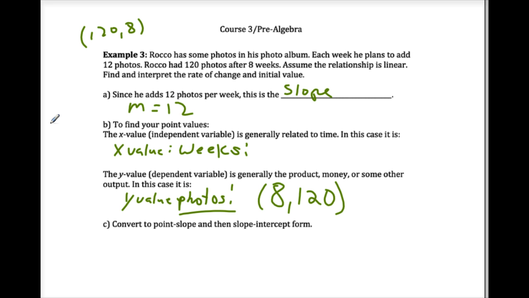The initial value, the y-intercept. Harrison's assuming this thing goes through the origin. Maybe it doesn't start there. Maybe he had some photos to begin with and then did 12 every week. Great point. So that's why you would think it would be 10 weeks, 120, but it's not, because there's an initial value.